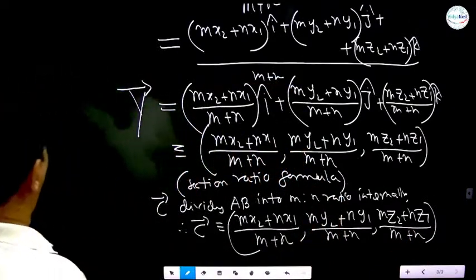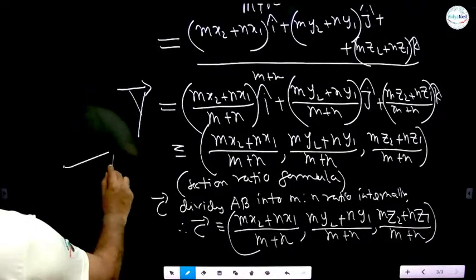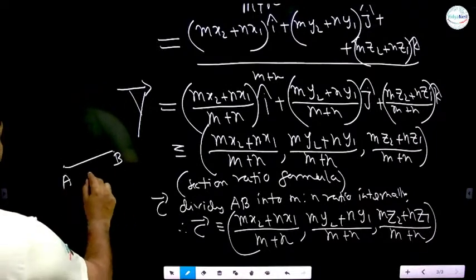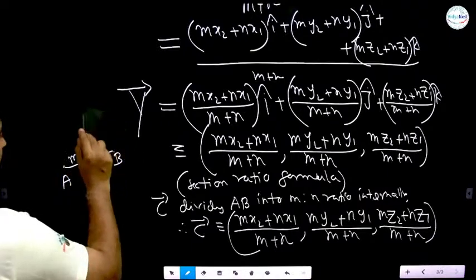Okay, so this is AB and there is C dividing it into m:n ratio.